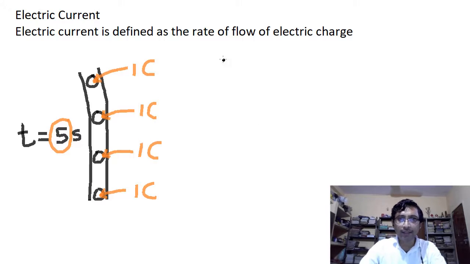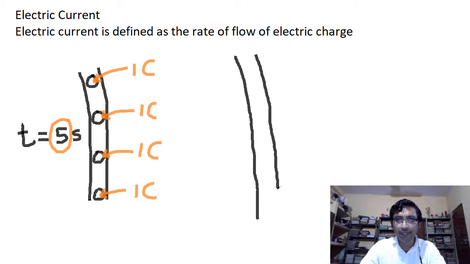Now let us take another example. Suppose we have a similar kind of wire, but in this wire now, again in the same time interval of 5 seconds, some number of charges are flowing. However, in this case, the number of charges flowing is not the same as it was in the earlier situation.